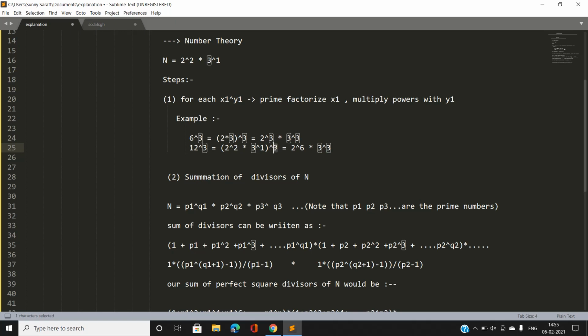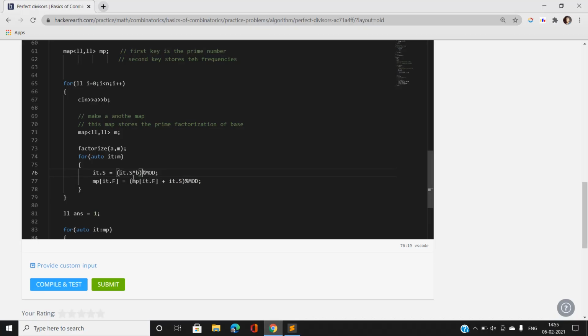So I'm going to multiply this y1 with our current power, that is 2 square, that is 2 is going to be multiplied by 3, so that it is going to become 2 power 6. So our new second value is going to be multiplied by the value b. So I am going to take modulus along with it, so if the integer is going to overflow, the modulus is going to manage that.